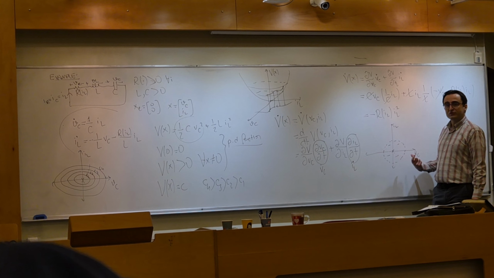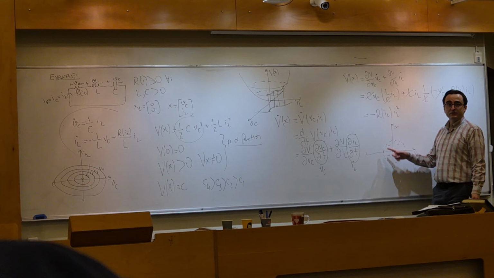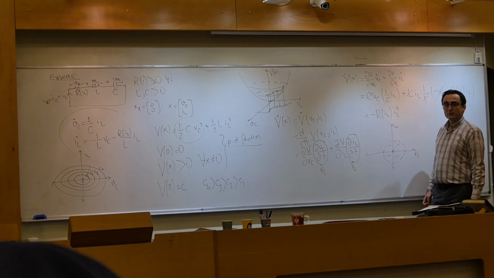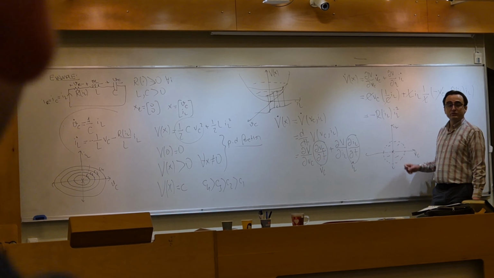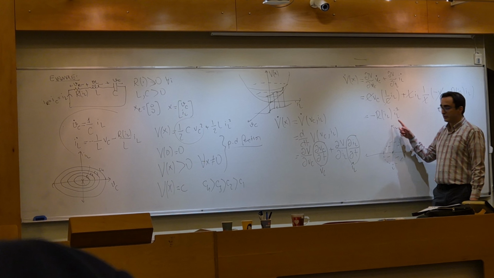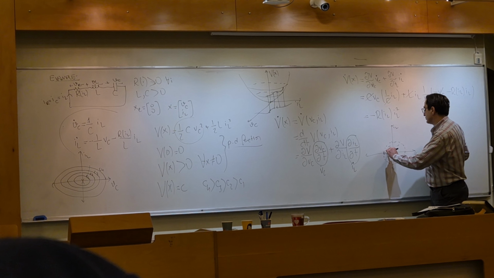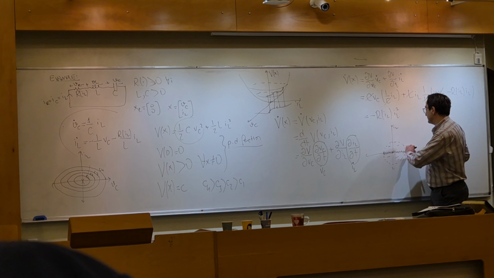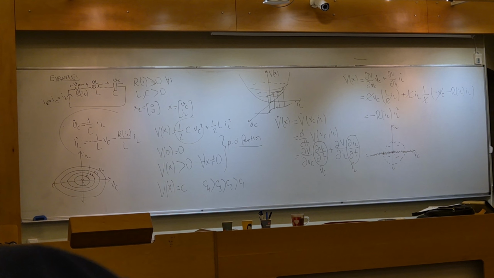Can this function take zero value anywhere other than the origin in this ball? Yes, if IL is equal to zero, and in that case, if IL is equal to zero on this line, the function is always equal to zero, and it's negative everywhere else.